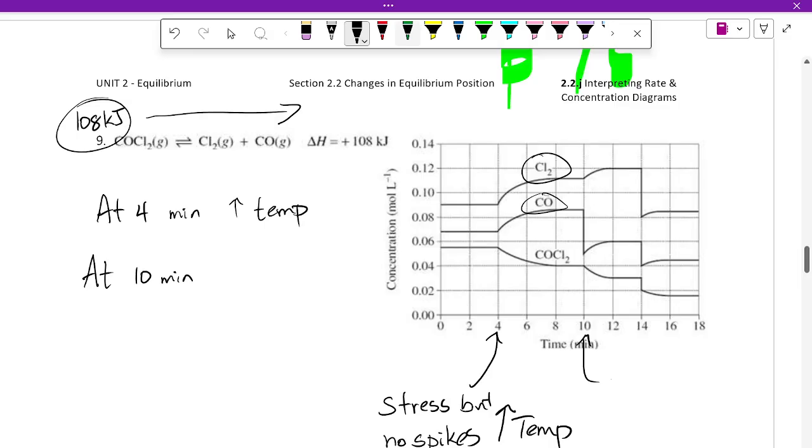Okay, so at 10 minutes, our stress was a decrease in the concentration of CO. And then the system shifted to the right.